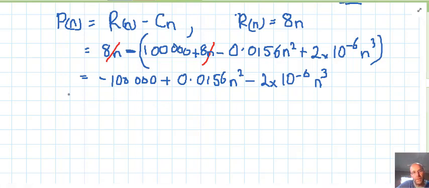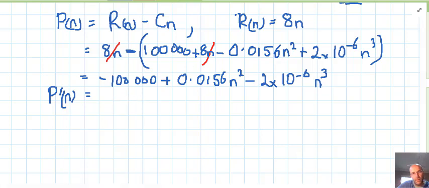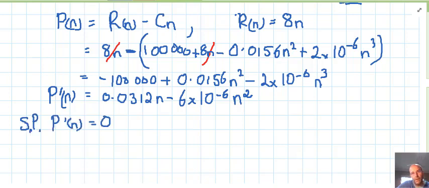Now of course this video assumes that you're well versed in optimization, so I won't explain those steps really. This is assuming you already understand and have done optimization. So we need to find the derivative. I'm going to call it P dash of n, and we've got here 0.0312 n minus 6 by 10 to the negative 6 n squared.